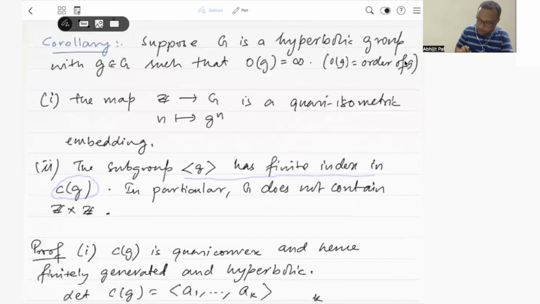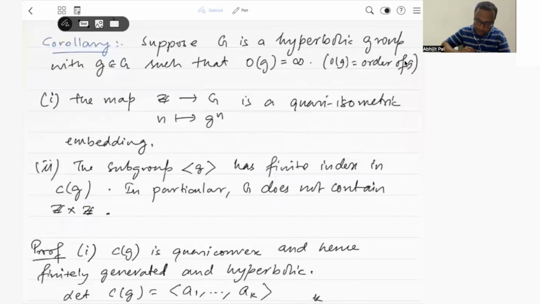So in particular, a hyperbolic group cannot contain Z × Z. If it contains Z × Z, then if I take the generator of, suppose, this Z, that will be an element of infinite order.